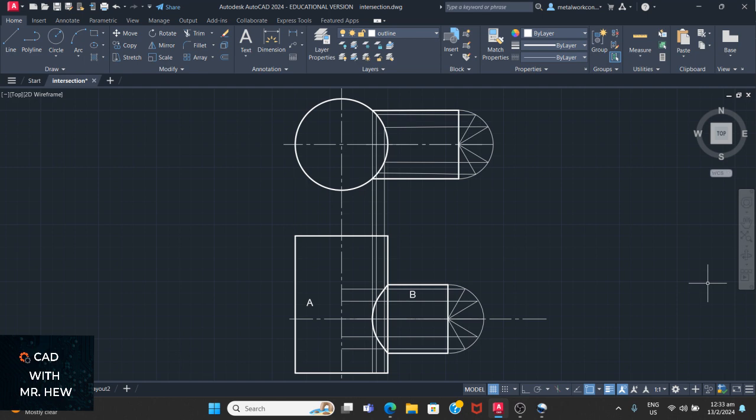All right, so we're required to draw the curve of intersection that is formed. Having done the construction, which I showed you, the next step now is to plot the points. So we go there, there, there.